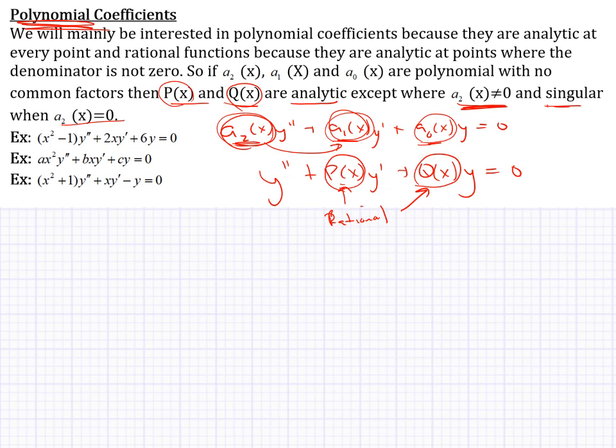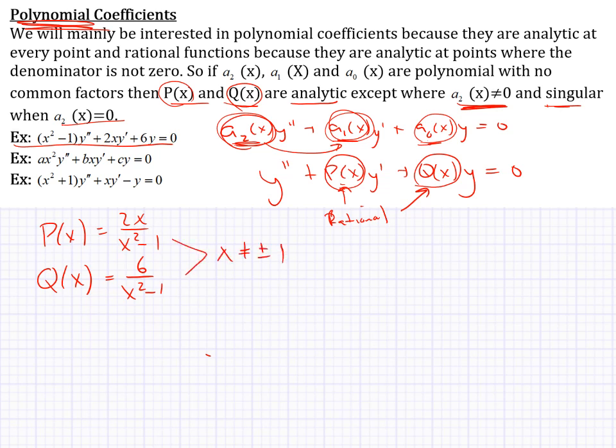So let's look at a couple of these examples. Let's look at this example first. In this example, p of x would end up being 2x over x squared minus 1. Q of x would be 6 over x squared minus 1. In either case, the denominator, x cannot equal plus and minus 1. So that tells me that these two functions would be analytic and therefore have ordinary points as long as I don't choose these two x values.